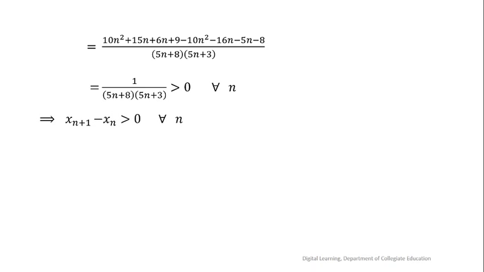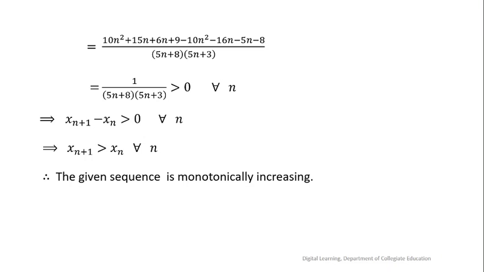That implies xn plus 1 minus xn is more than 0 for all n. That implies xn plus 1 is more than xn for all n. Therefore, the given sequence is monotonically increasing.